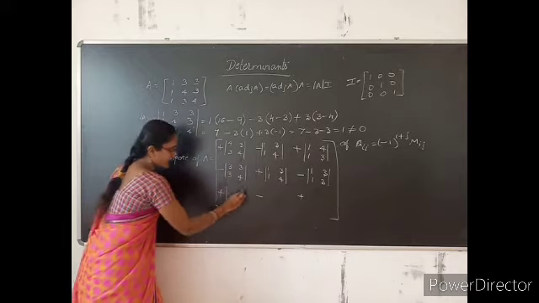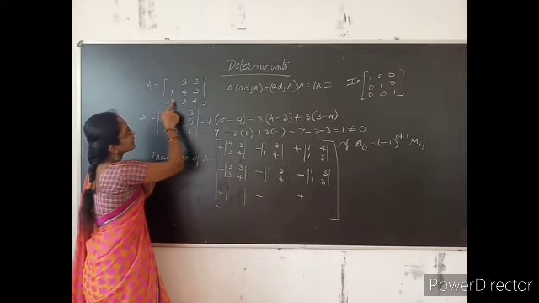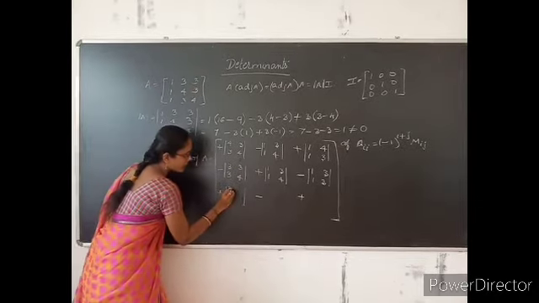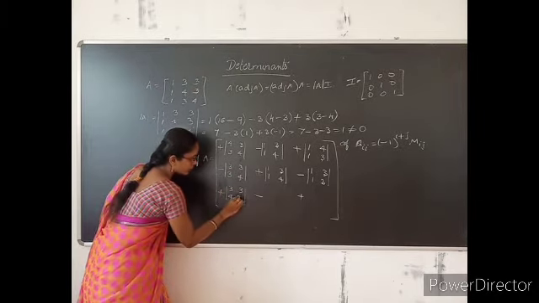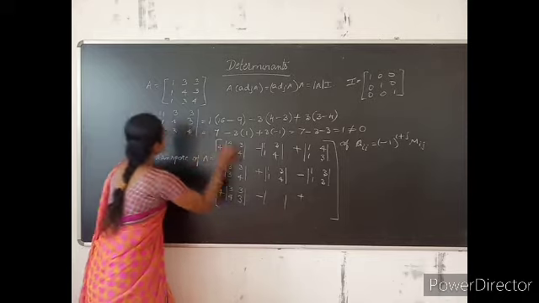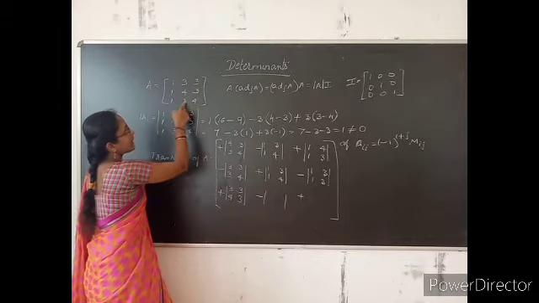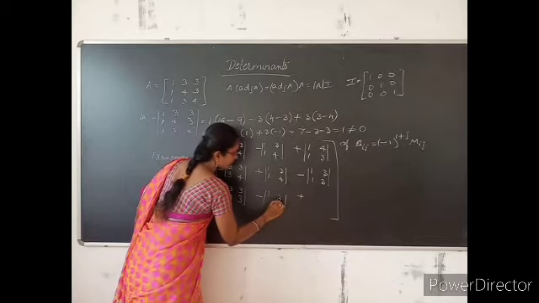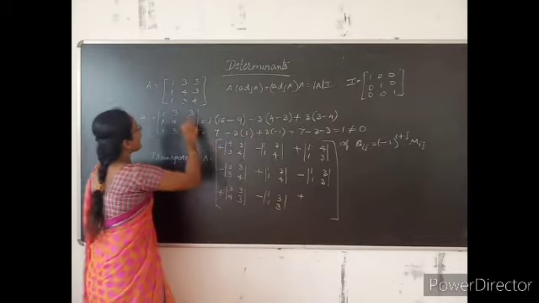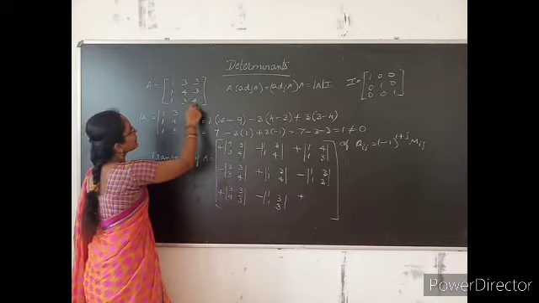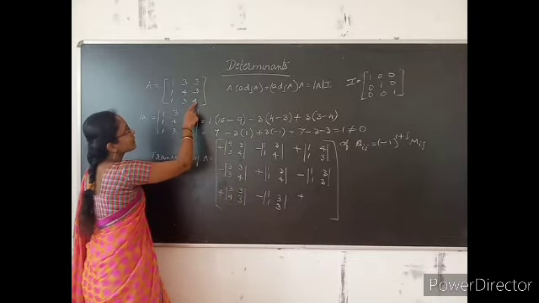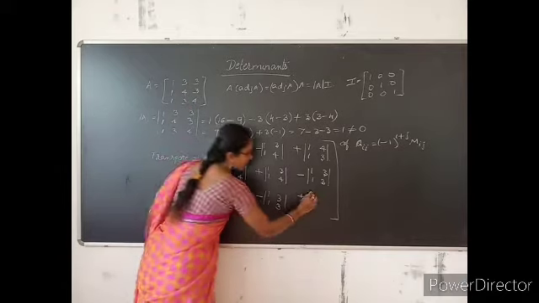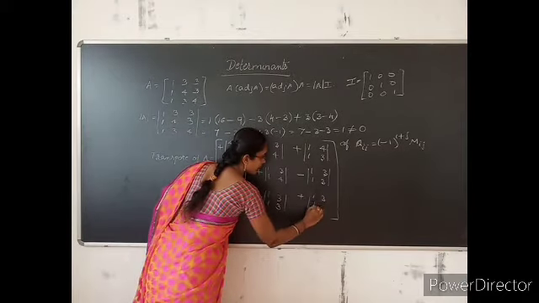The last entry here, deleting the third row and first column, you get 3, 3, 4, 3. Deleting the last row and second column, you get 1, 3, 1, 3. And deleting the third row and third column, you get 1, 3, 1, 4.